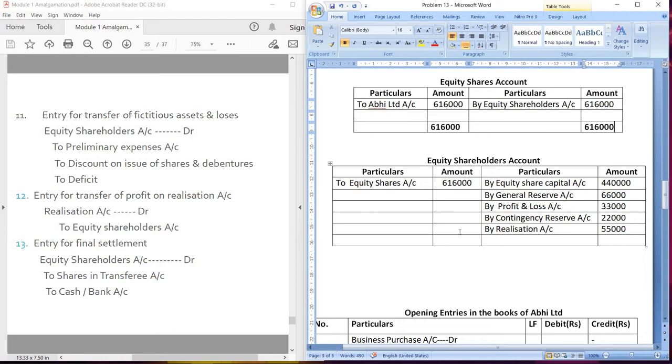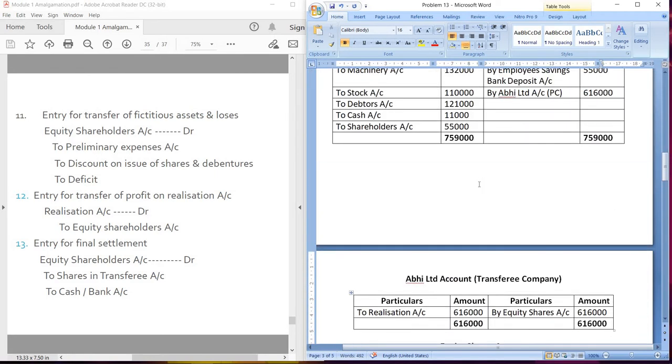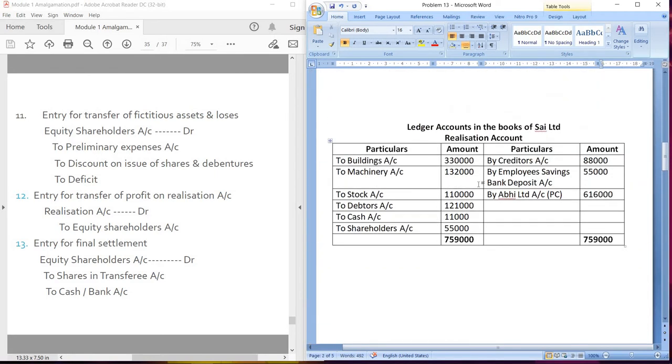Similarly, we will close the equity shareholders account. Here also the total is 6,16,000. So we have passed all the entries in the books of the transferor company.